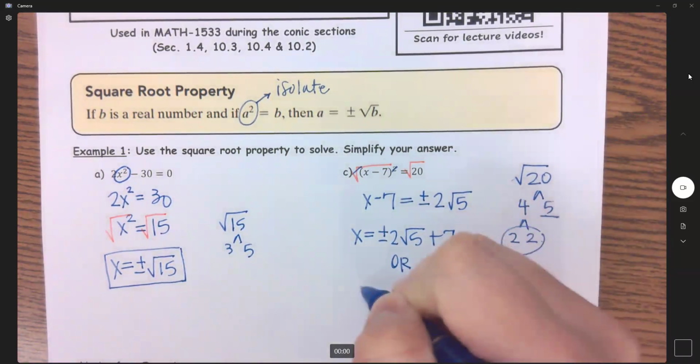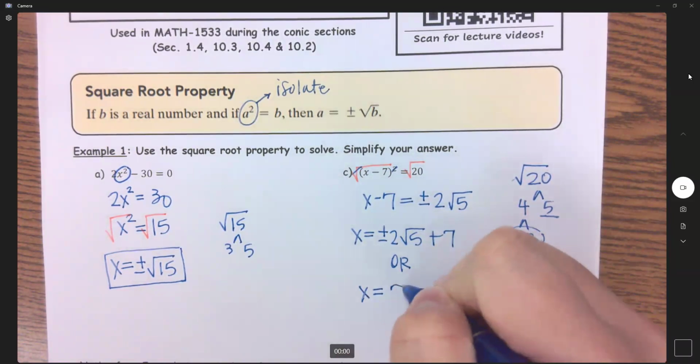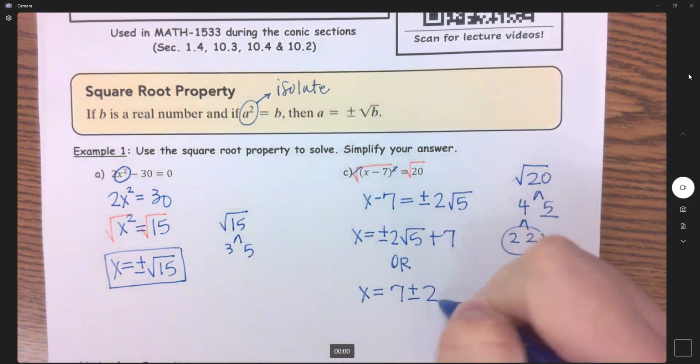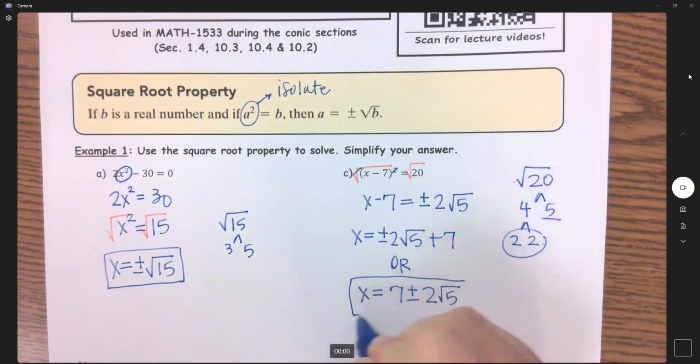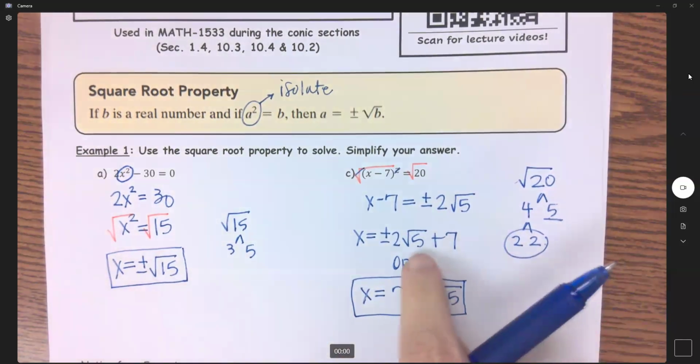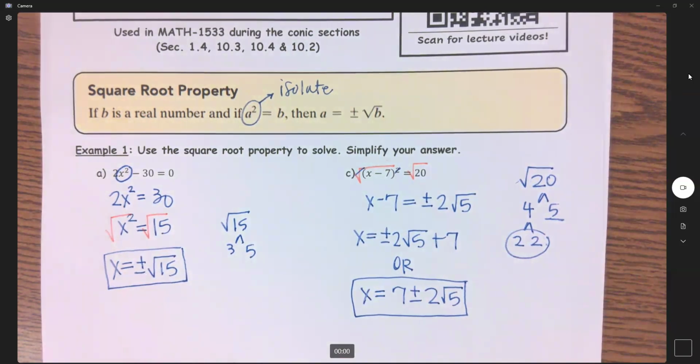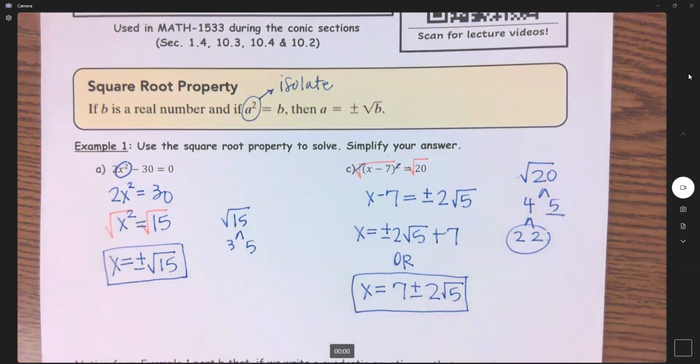So I will be writing these as 7 plus or minus 2 square root 5 as my final answer. So as long as you keep that neat, you can write it in that order as well. So that's a reminder or a little review of our square root property.